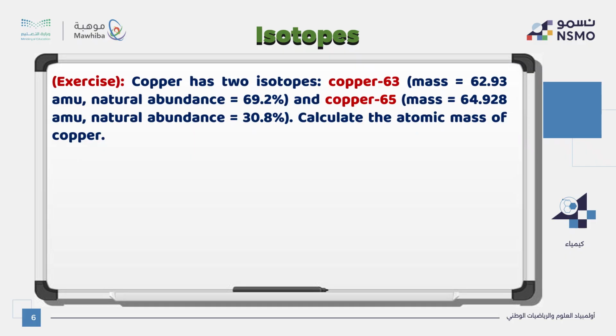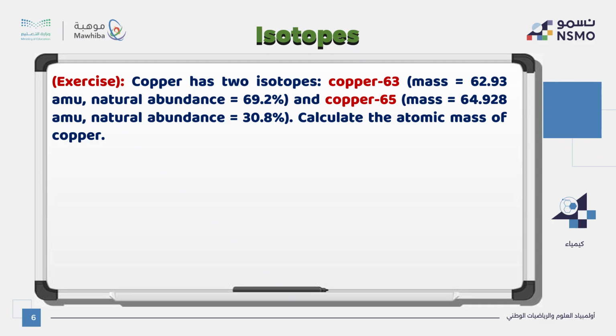Let's solve this exercise. Atomic mass of copper. Copper-63 with a mass of 62.93 AMU and an abundance of 69.2%. Copper-65 with a mass of 64.928 AMU and an abundance of 30.8%.